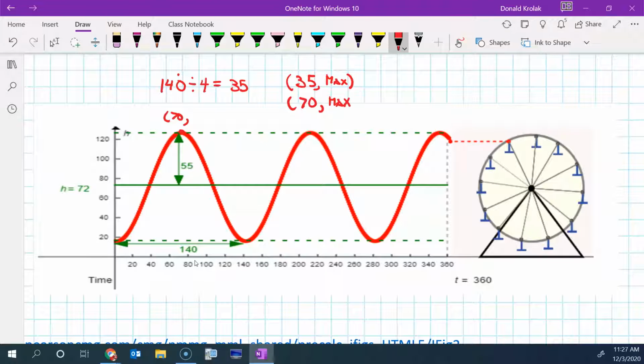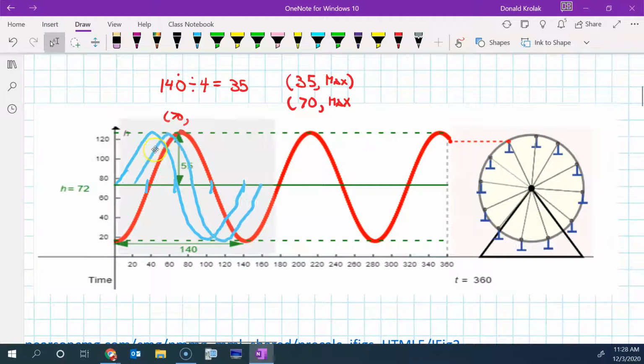Our max was at 35 seconds in, which is like here. What we're trying to do is take a sine function. 1, 2, 3, 4. Our sine function looks like this. And we want to take that and slide it over to there.